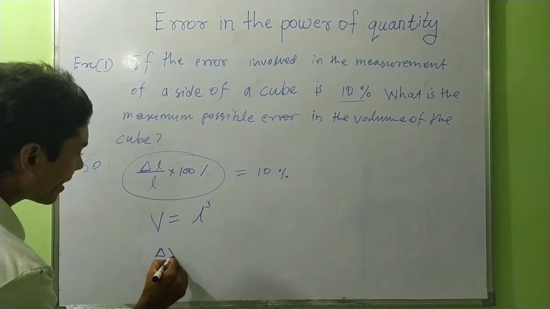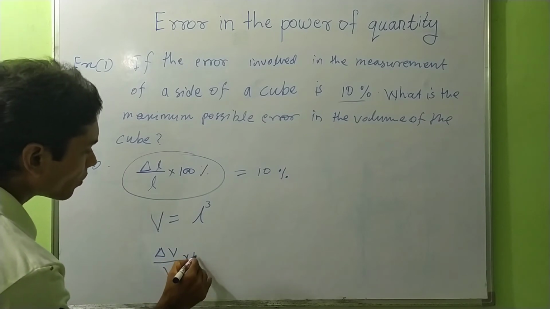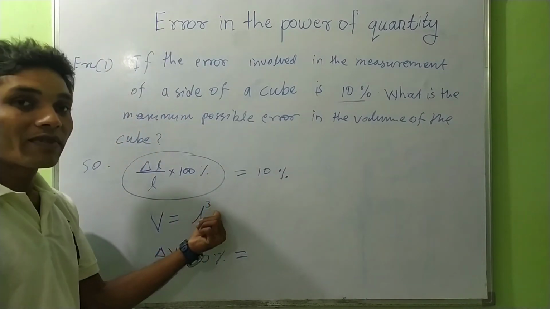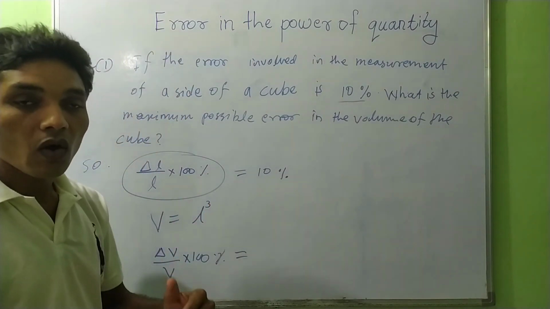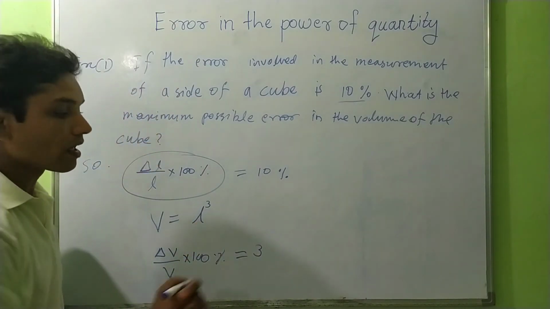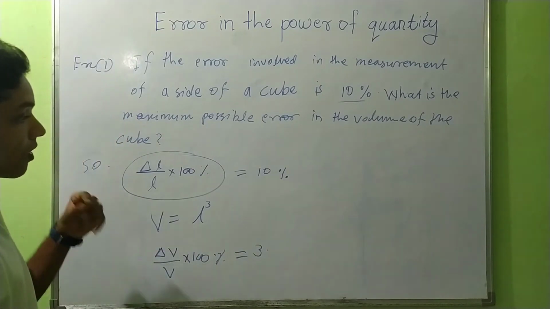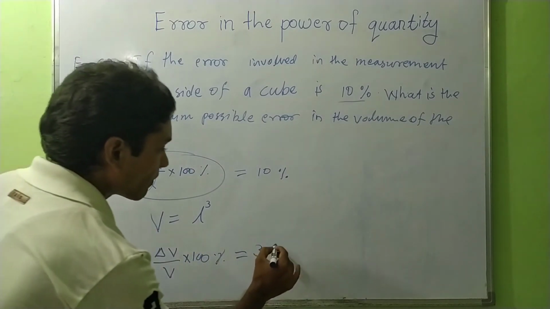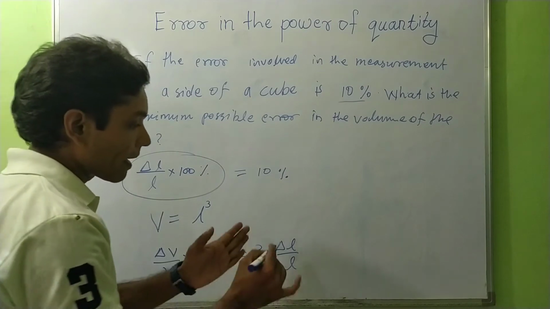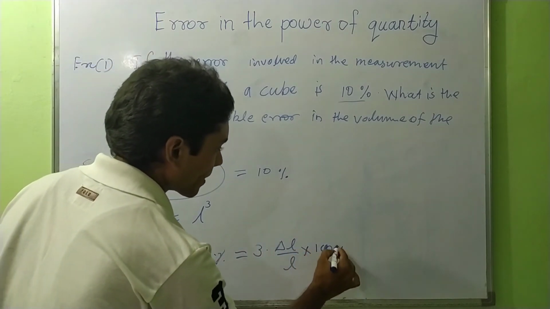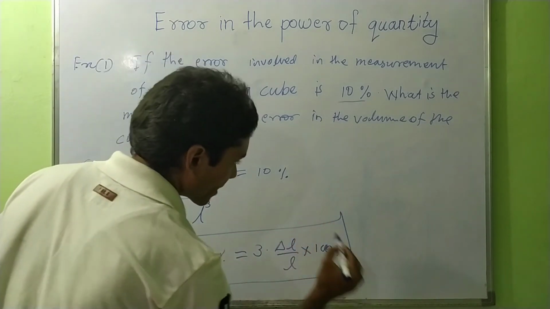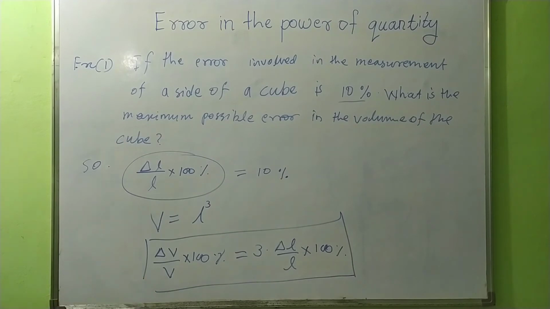It will be del V upon V into 100% equals, you know that the power of the physical quantity comes in front of the relative error. So here the power is 3, meaning here will be 3. And the relative error of the length of the side will be del L upon L, and for percentage error here will be 100%.